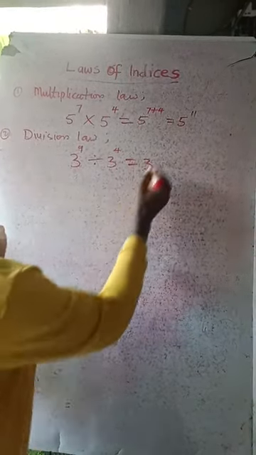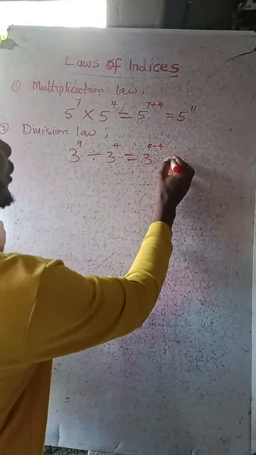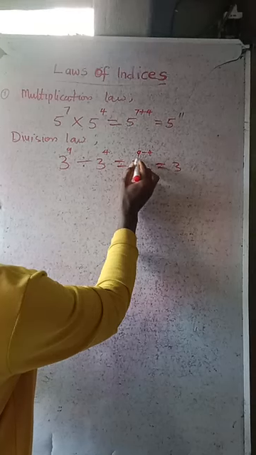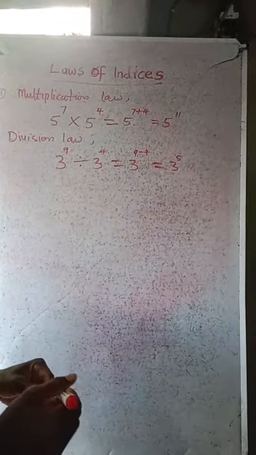So I'm going to say 9 minus 4, and 9 minus 4 is 5. So this side is done.